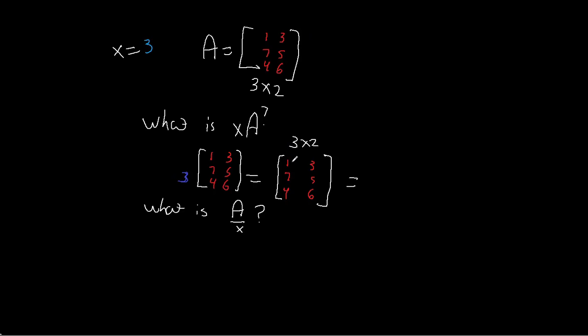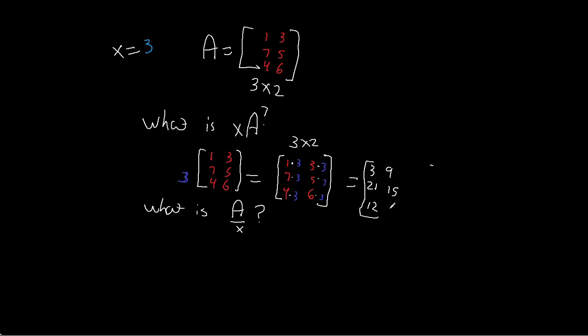Since we're multiplying, I put the little dot here just to keep track of the fact that we're multiplying. And then we write down our scalar in every position. So then we transfer that over. 1 times 3 is 3. 3 times 3 is 9. 7 times 3 is 21. 5 times 3 is 15. 4 times 3 is 12.